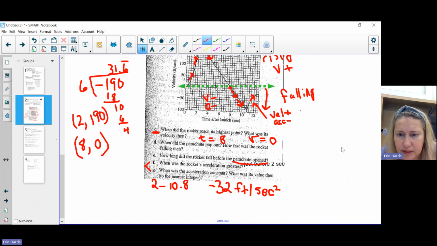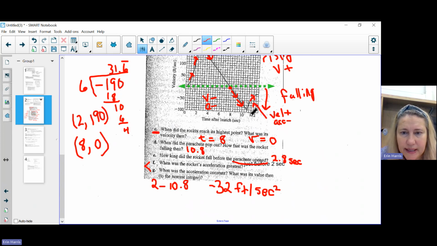Didn't leave myself room to write the answers. So 2.8 seconds. And when did the parachute pop out? We're kind of going out of order here, because it fell for 2.8 seconds until we got to 10.8. So 10.8 is when it popped out.